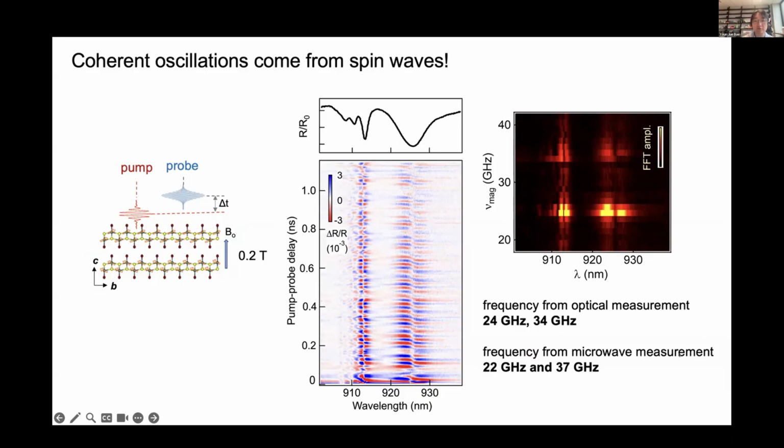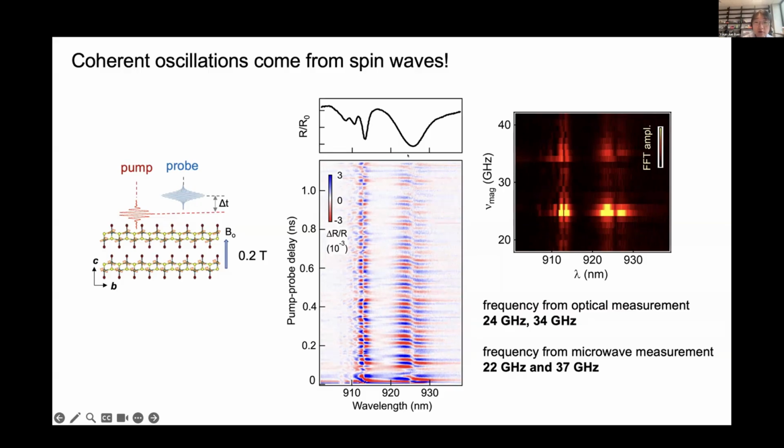So in microwave measurement, we would sweep between about 1 to 40 gigahertz, and we'll see the resonance peak. But in optical measurement, we're essentially probing how the exciton energy is being modulated with time. And that is how we're measuring the magnon, the coherent spin wave in our system, by monitoring the exciton energy shift.